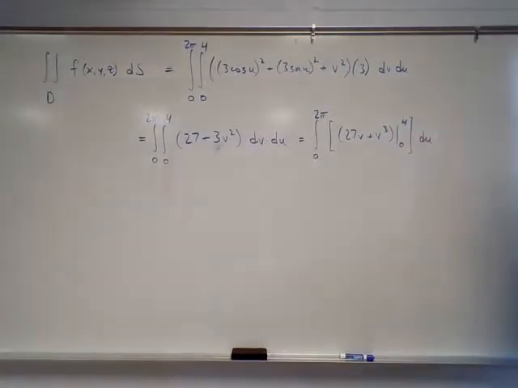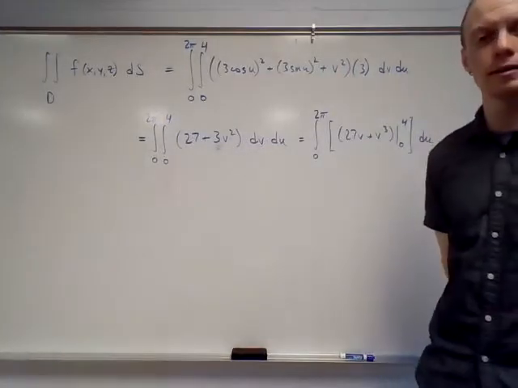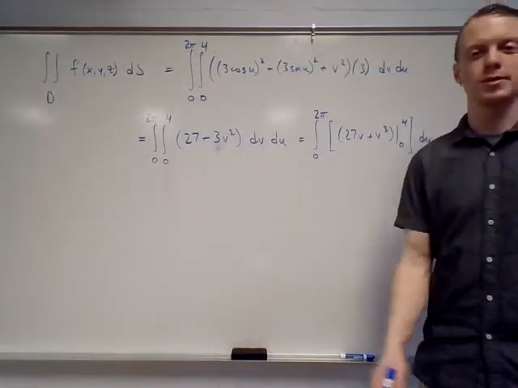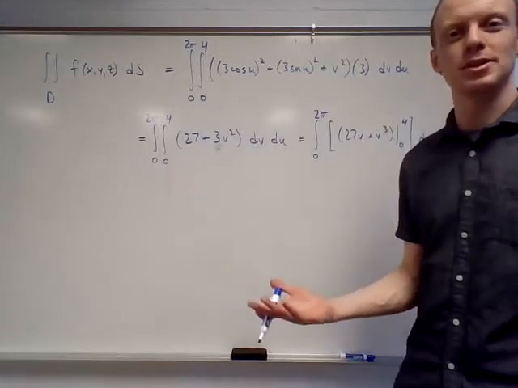Top bound of 4, bottom bound of 0. So I'm going to take my top bound and plug it in. When I do, that gives me 108 plus 64, or 172. When I plug my bottom bound of 0 in, I get a nice big fat 0.